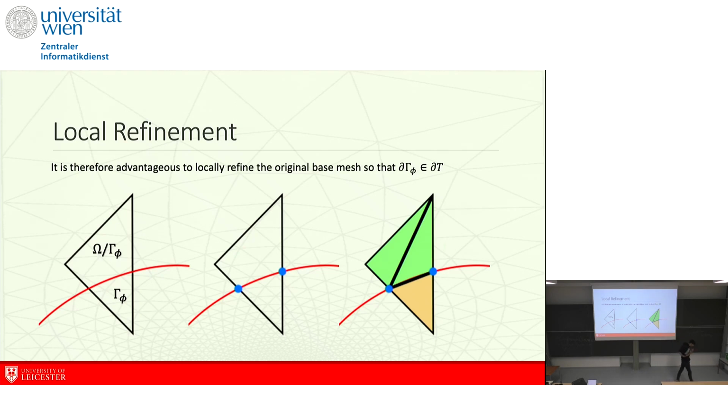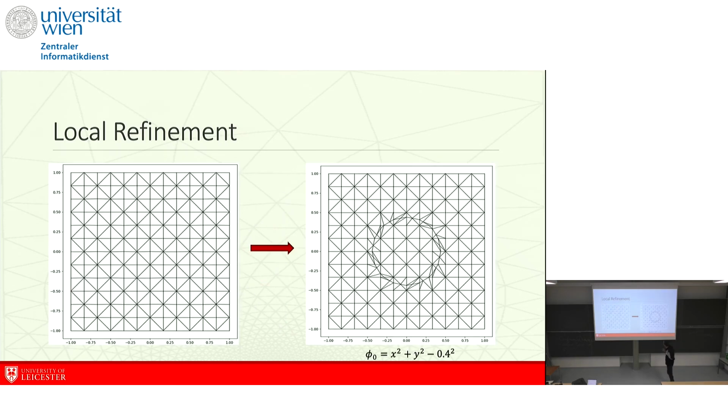To locally refine, when we find an element that is bisected by the level set, we first interpolate the zeros along the edge, and then we split the element into 3. Simple enough design. And so what we end up having is a mesh that would look a bit like this. Wherever the level set exists, we've split the element into 3.